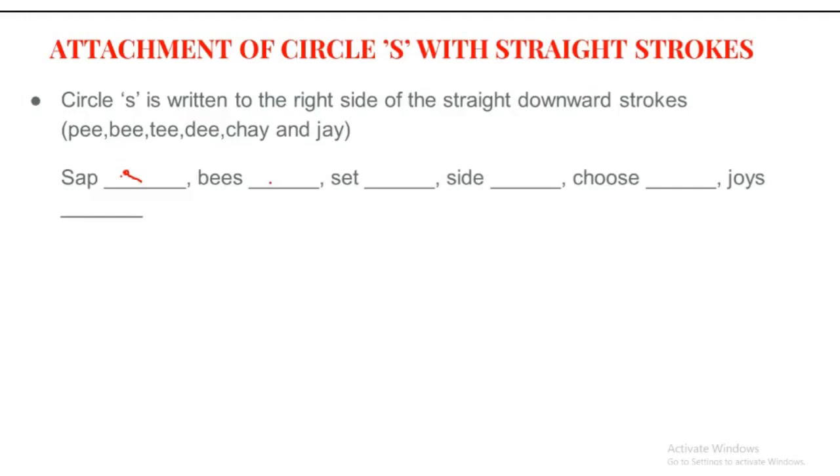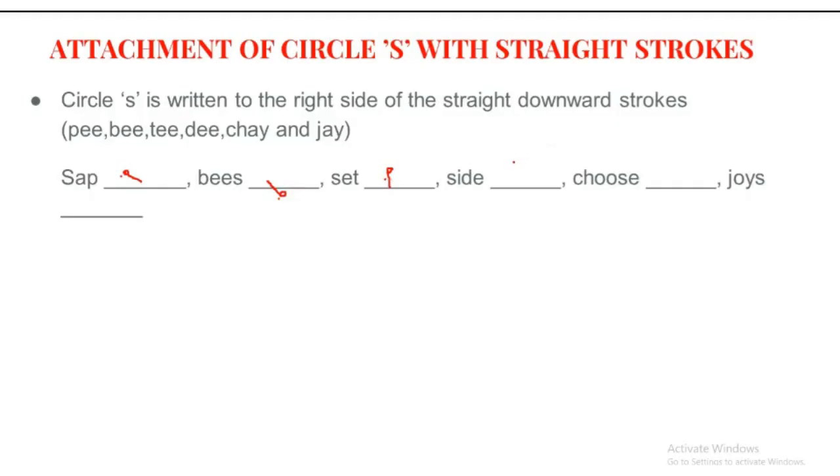Bees, B stroke will be written through the line क्योंकि third place vowel है, and then S circle with left motion. Set. Set में S is being pronounced initially, S circle, then T, pen wala vowel on the line.